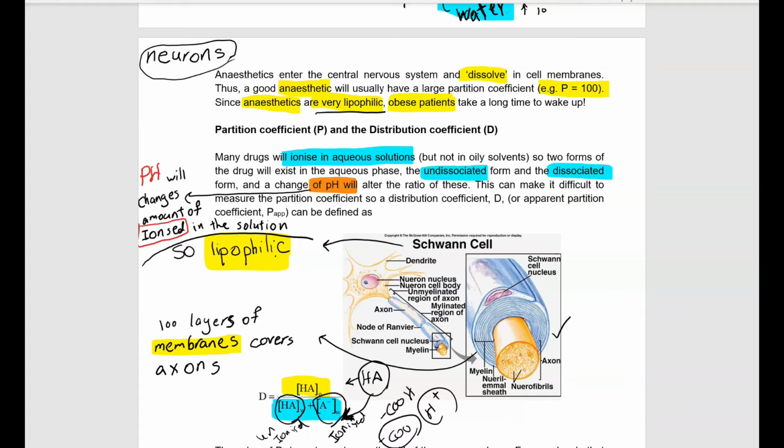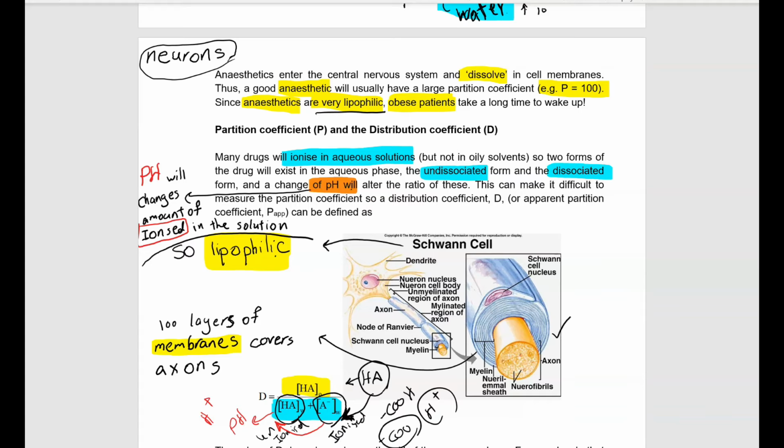If we change the pH of this water, we can shift this medication. If we add some protons, we shift the ionized form to the non-ionized form.